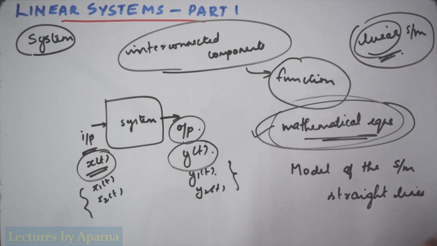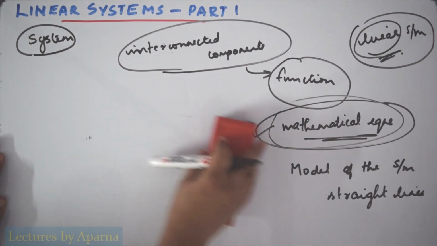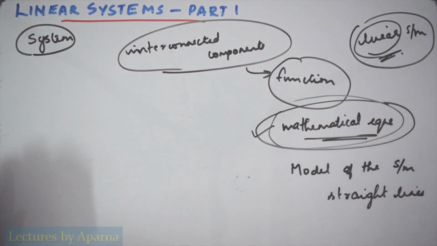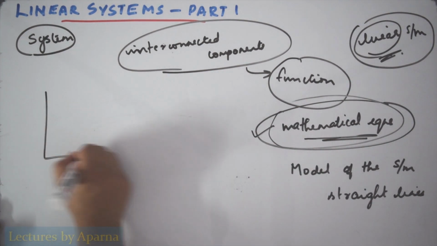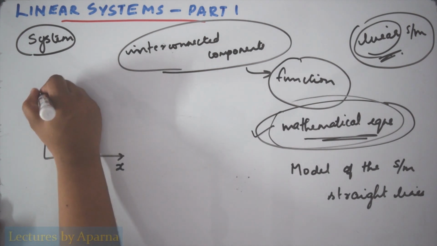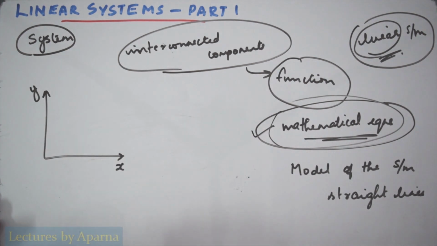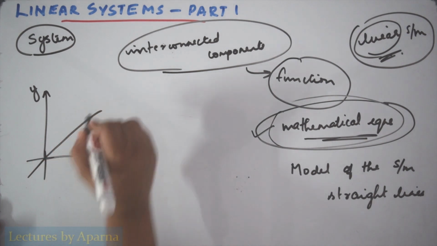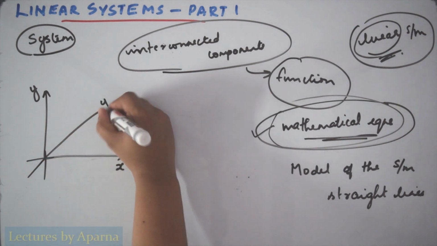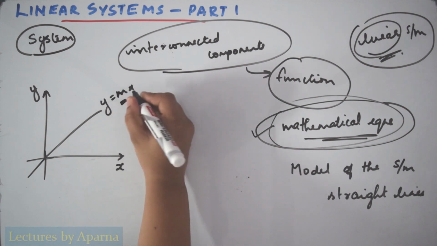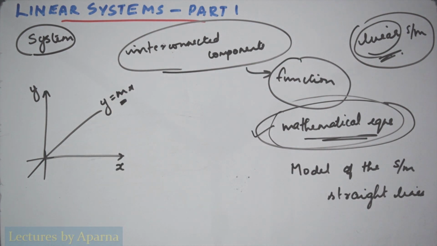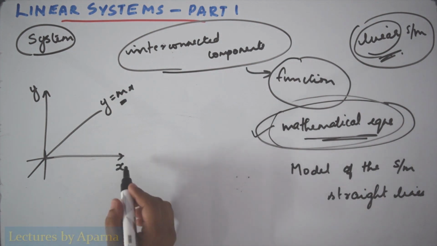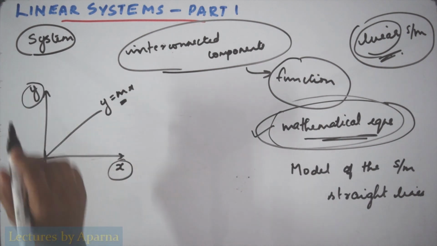Suppose the input to a system is x of t and say the output is y. If the relationship between this input and the output is a straight line, which is y is equal to mx, where m is the slope of this line, then we say the system is linear.